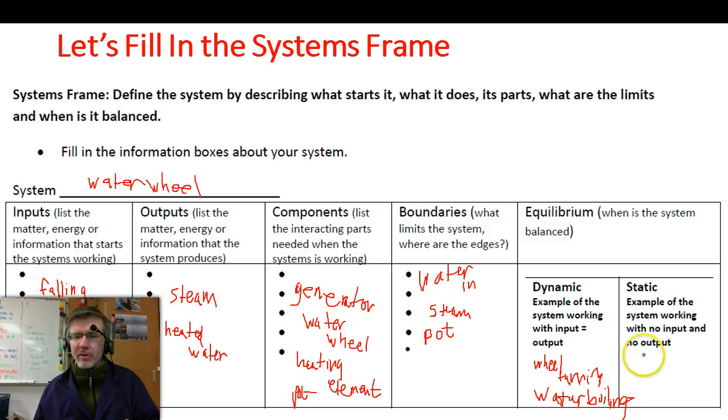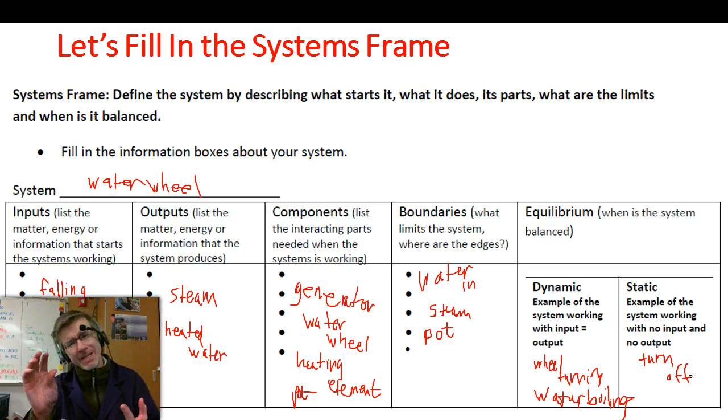Static equilibrium was when I turn off my water, and I basically have the wheel not turning, my water staying at a certain temperature. When it's hot, it cools down, of course, but if it's just room temperature, it's fine. And so that's an equilibrium. If I went away and came back, I wouldn't know anything had changed. If it was turned off, it wouldn't be getting hotter, it wouldn't be getting colder.